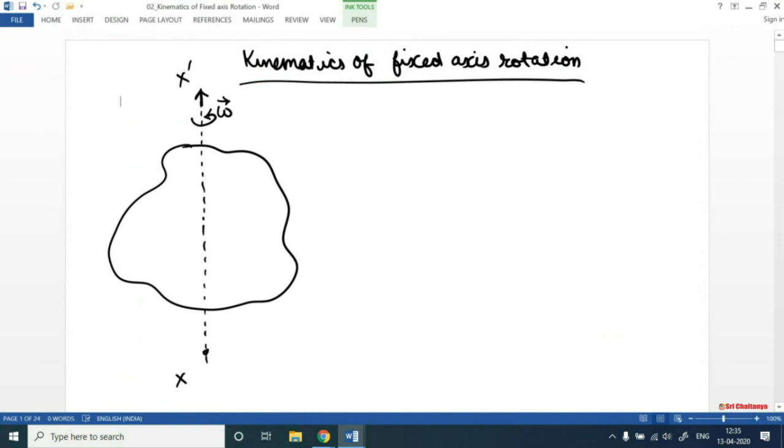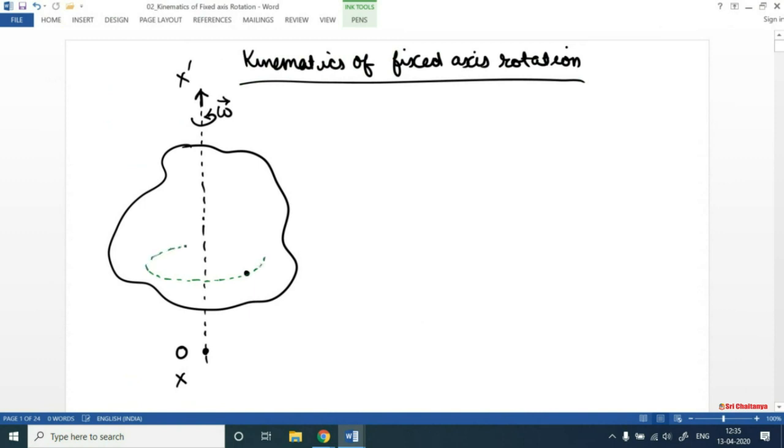And let's say some point O on the axis is taken as origin. Now if we take any point on the rigid body, as this rigid body rotates, this point will undergo circular motion.